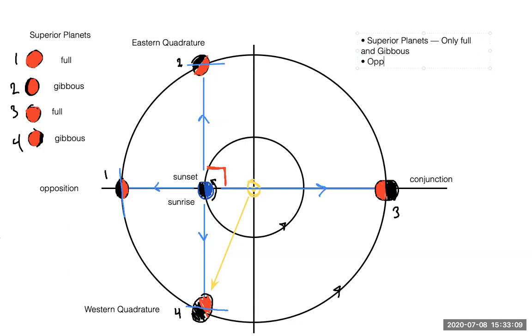So opposition is the opposite side of Earth compared to the sun. And conjunction is the other definition we need here, which is on the same side of Earth as the sun. I should probably capitalize Sun.